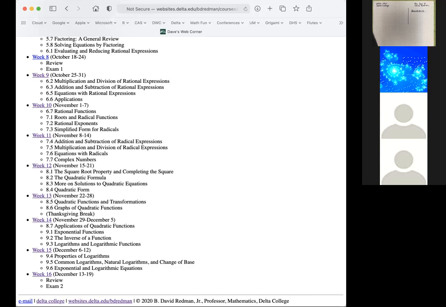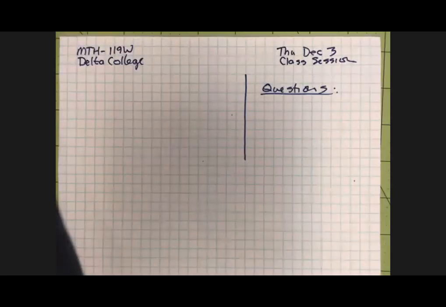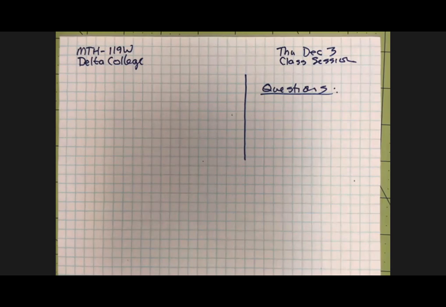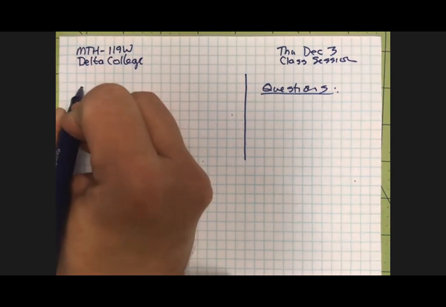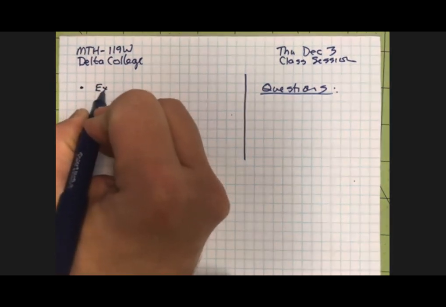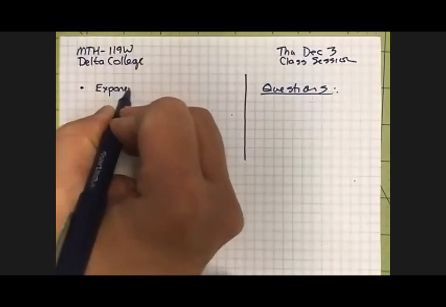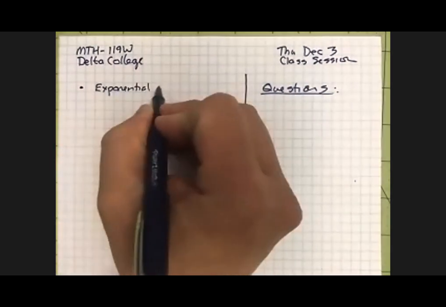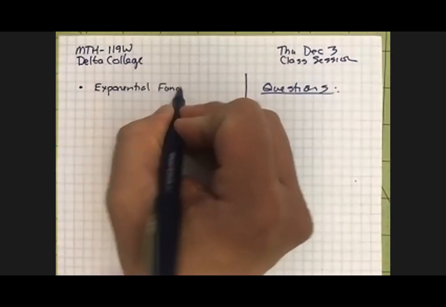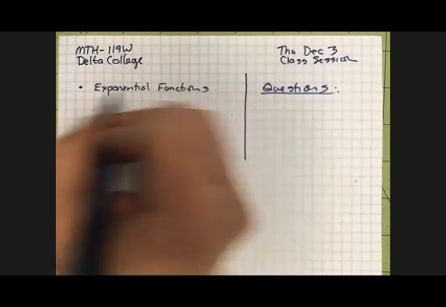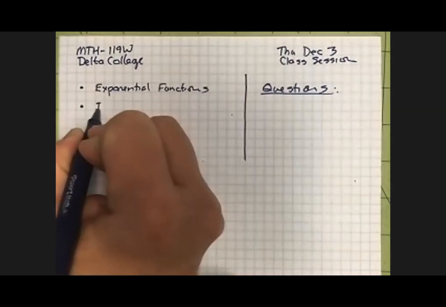So let me write down your questions. Let me give you just the basic outline here. We're talking about exponential functions. Inverse functions.